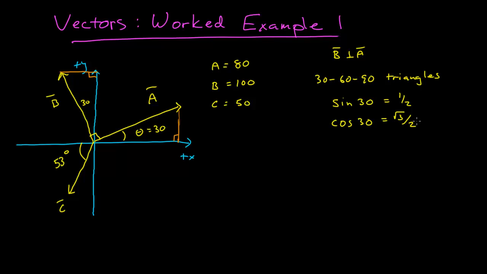Okay, I also know that I have a 3, 4, 5 triangle. So here's the first thing I've noticed, the second thing, and here's the third thing I've noticed is I have a 3, 4, 5 triangle. Well, what do I mean by that?